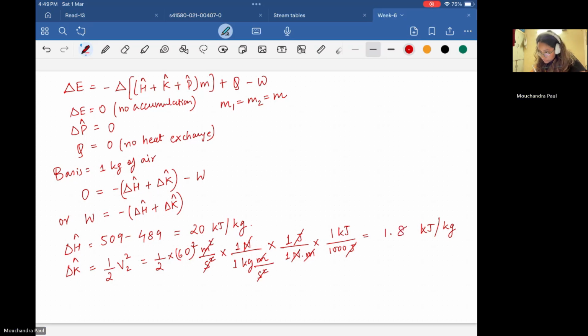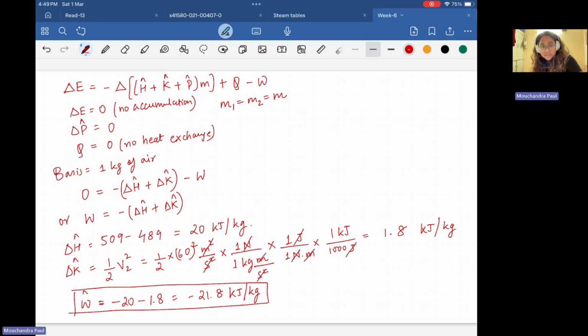So work is minus 20 minus 1.8, that is minus 21.8 kilojoule per kg. Minus sign denotes that work is done on the air or on the system.